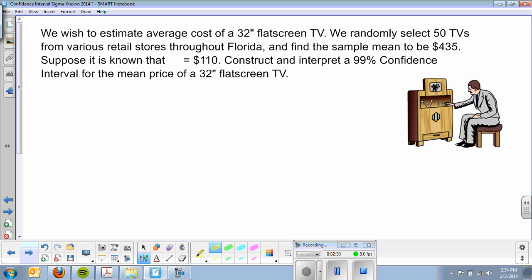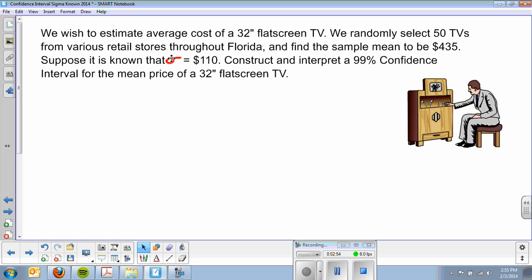So let's say that we wish to estimate the average cost of a 32-inch flat screen TV. We randomly select 50 TVs from various retail stores throughout Florida and find the sample mean to be $435. Suppose it is known that sigma equals $110. Construct and interpret a 99% confidence interval for the mean price of a 32-inch flat screen TV.